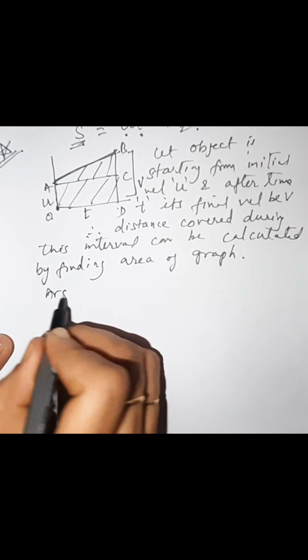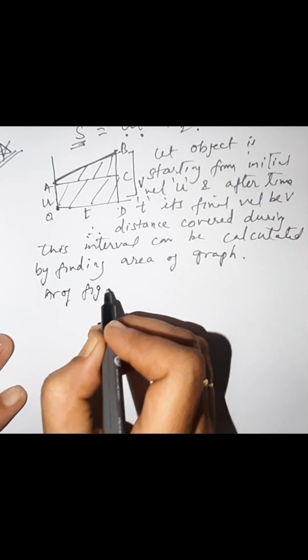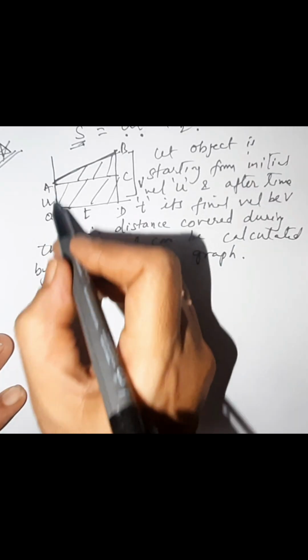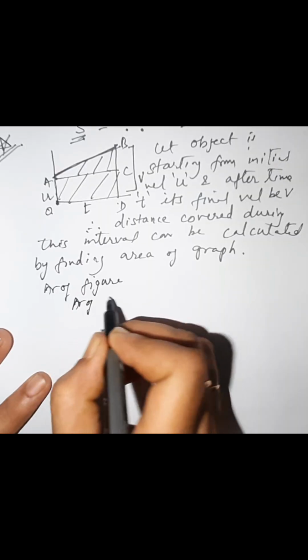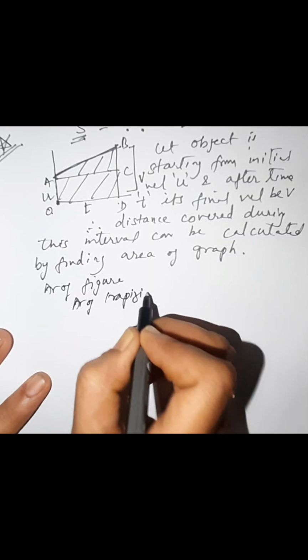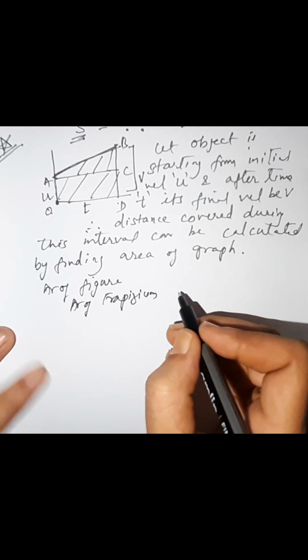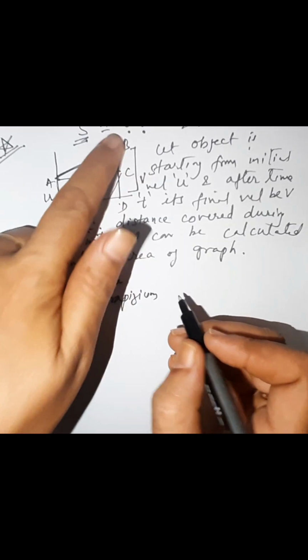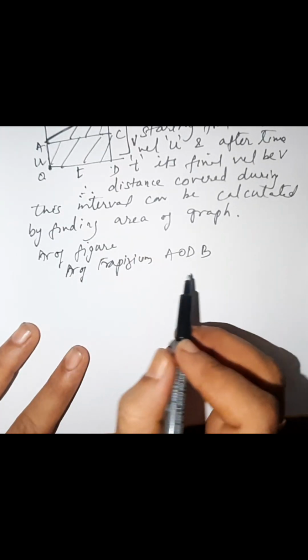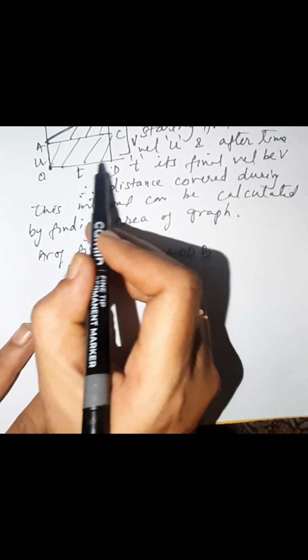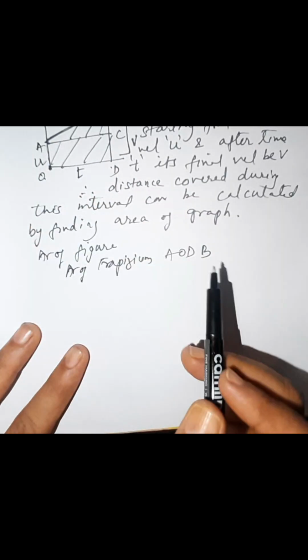So here the figure is a trapezium shape, that is, the area of trapezium AODB. Now this trapezium can be divided into a rectangle and a triangle.